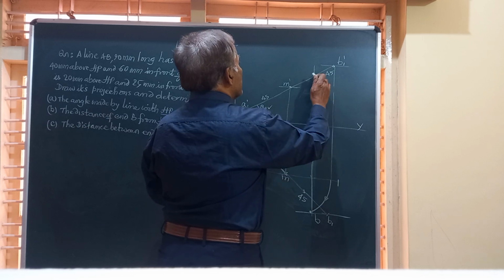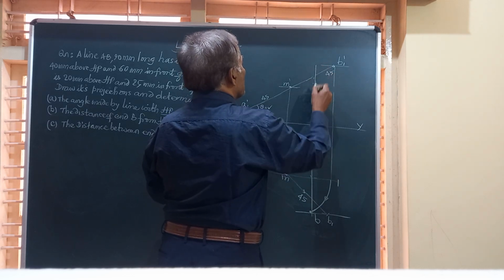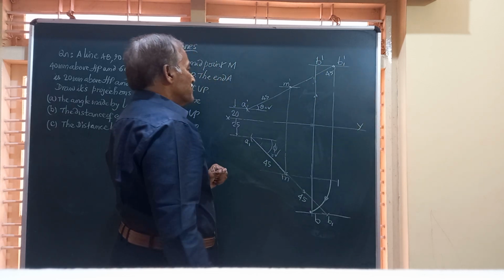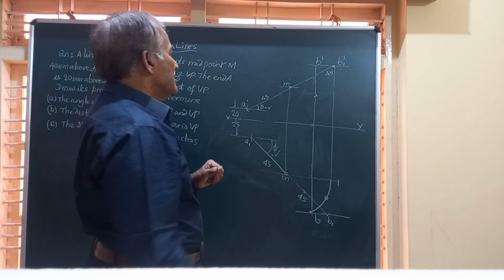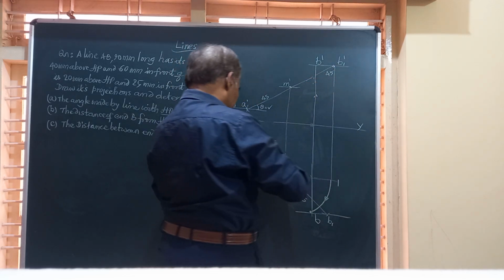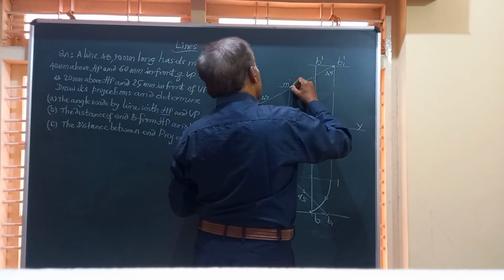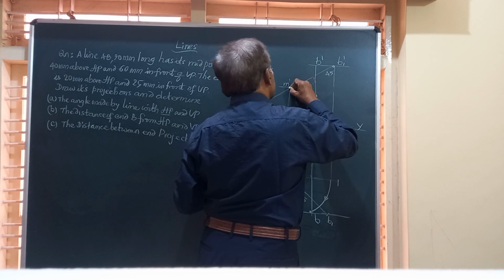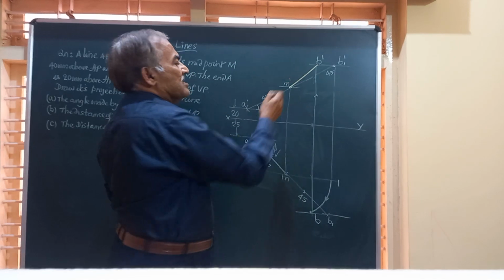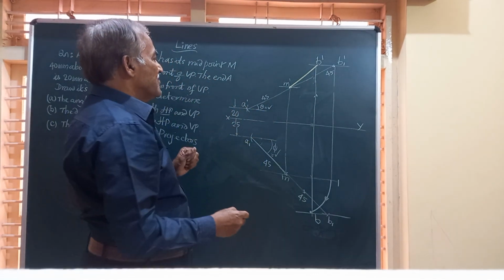So this point on this locus of B will give you B dash. Friends, you got M dash B dash, the front view of half the length of the line, and I will join them by a straight line. Friends, this will give you the half the length of the front view.